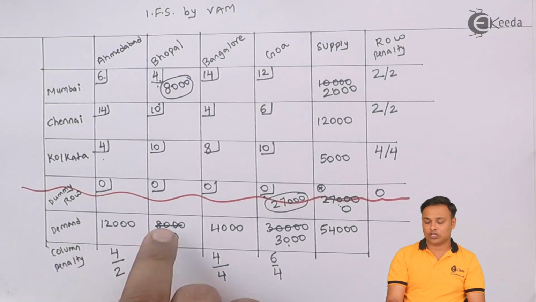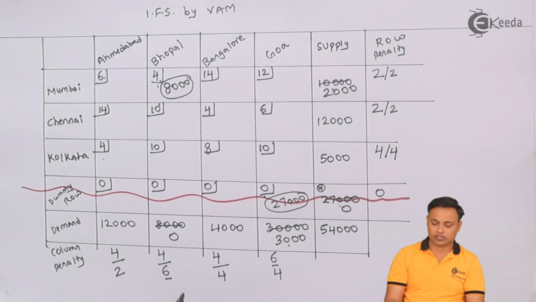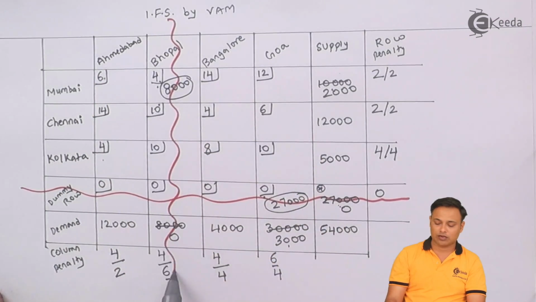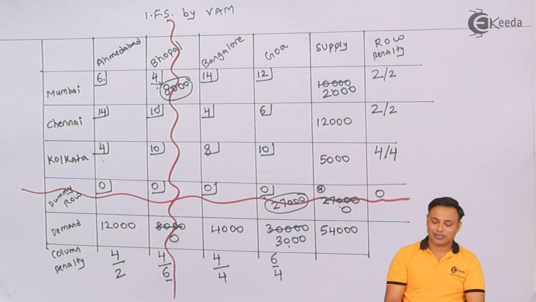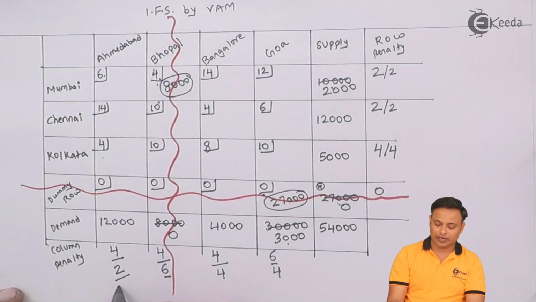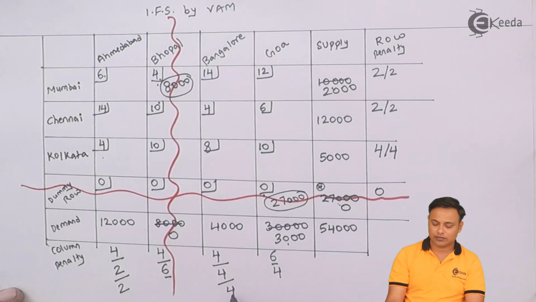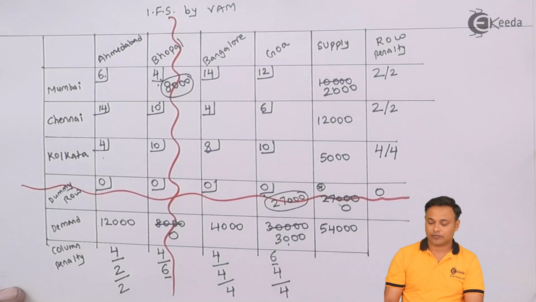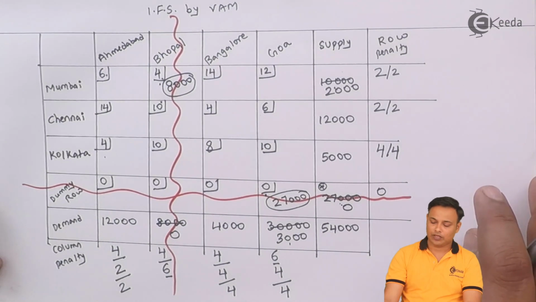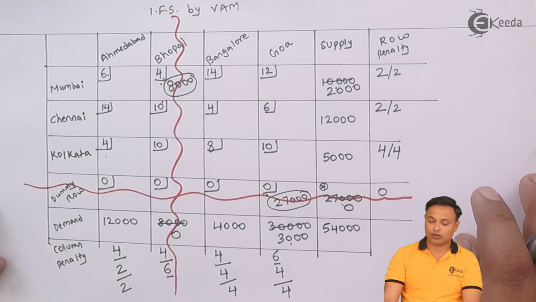Since I got a 0 in this particular column, this second column shall be cancelled. Now since we cancel the column, my column penalties shall remain same. And I need to recalculate my row penalties.